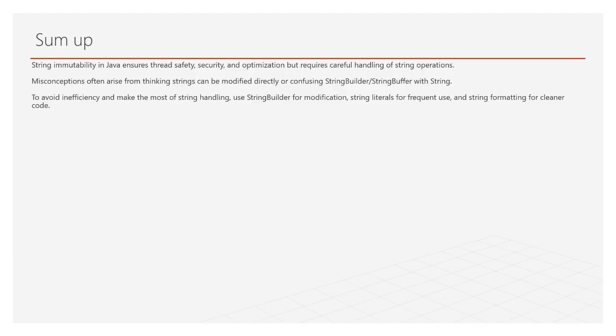Now how to avoid inefficient use. We have discussed very efficient ways of handling strings, and where to replace with StringBuilder for string modification where we have many modifications, right? And we also discussed certain formatters which will make your code cleaner.